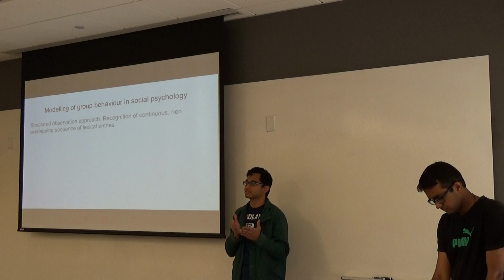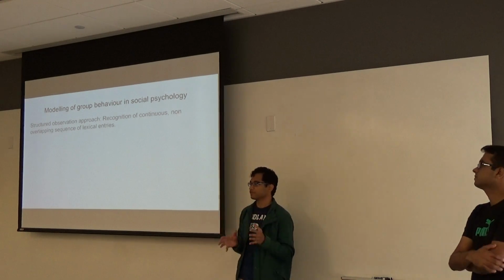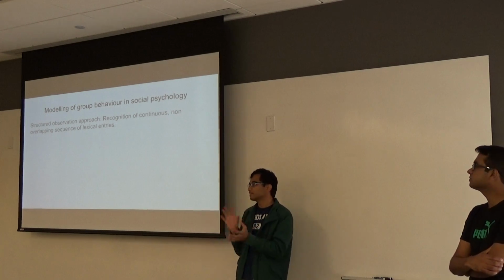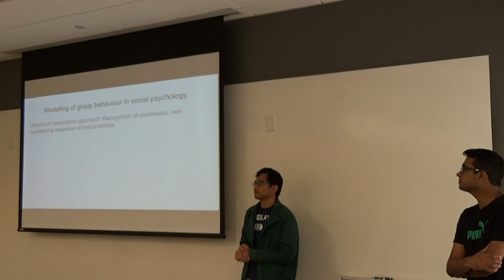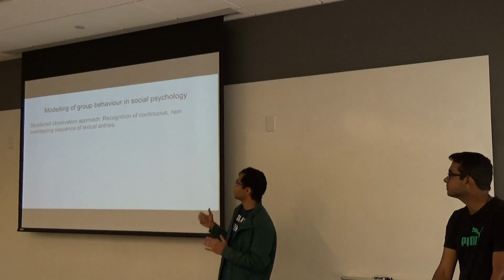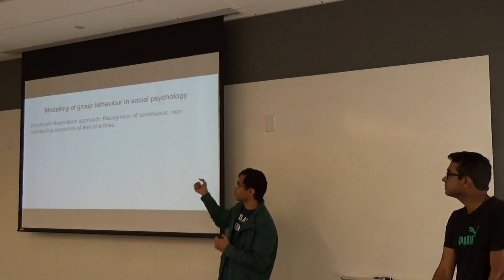So you have this mutually exclusive and exhaustive set of actions, and you can then model the meeting as a linear combination of them. It is kind of surprising that we're seeing that in social psychology, but that is one important aspect that they took away from it.